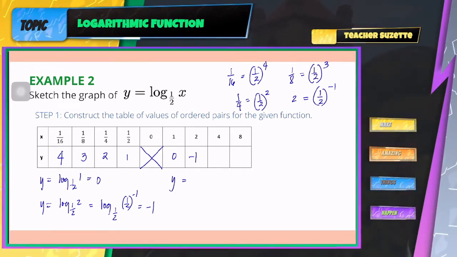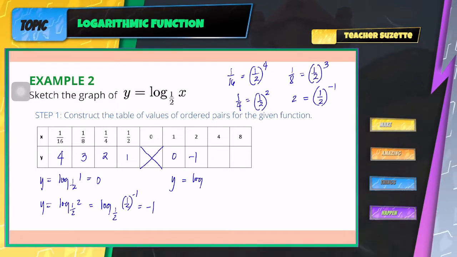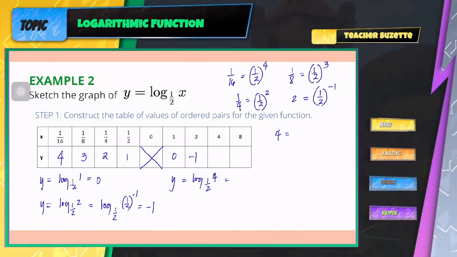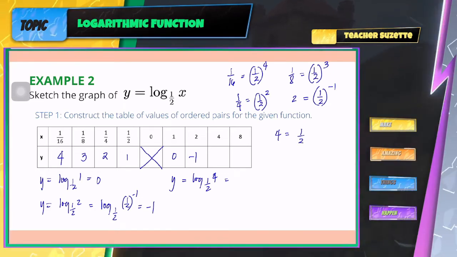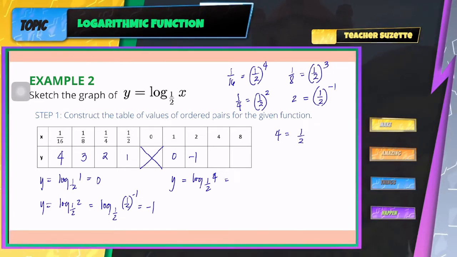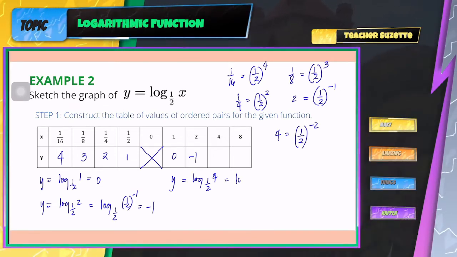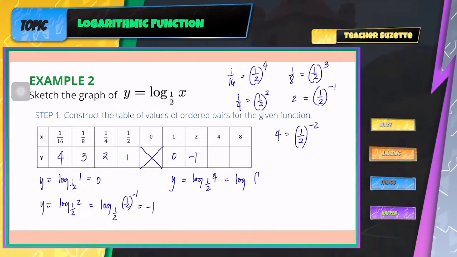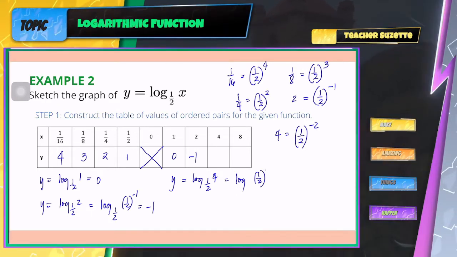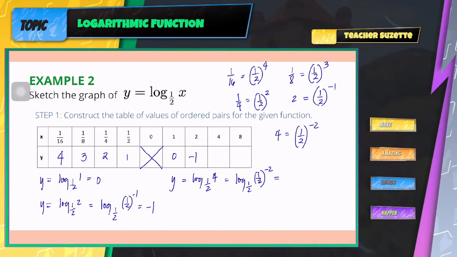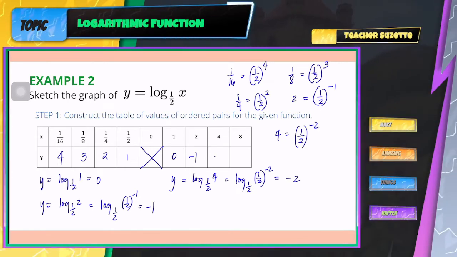Next, we have y equals the logarithm of 4 base 1/2. And 4, if we rewrite it with base 1/2, we will raise it to negative 2. So we have logarithm of 1/2 raised to negative 2 base 1/2, so y is equal to negative 2.